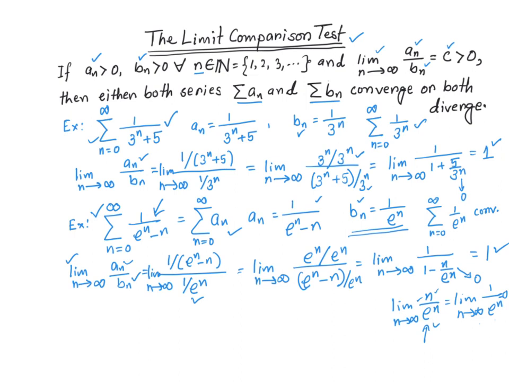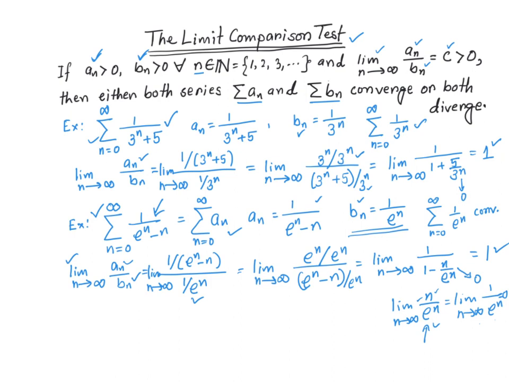So that's what it entails to apply the limit comparison test. Once again, let me summarize what I just talked about. For the limit comparison test, we have two sequences, a_n and b_n, both positive, meaning a_n greater than 0 and b_n greater than 0 for all natural numbers n.